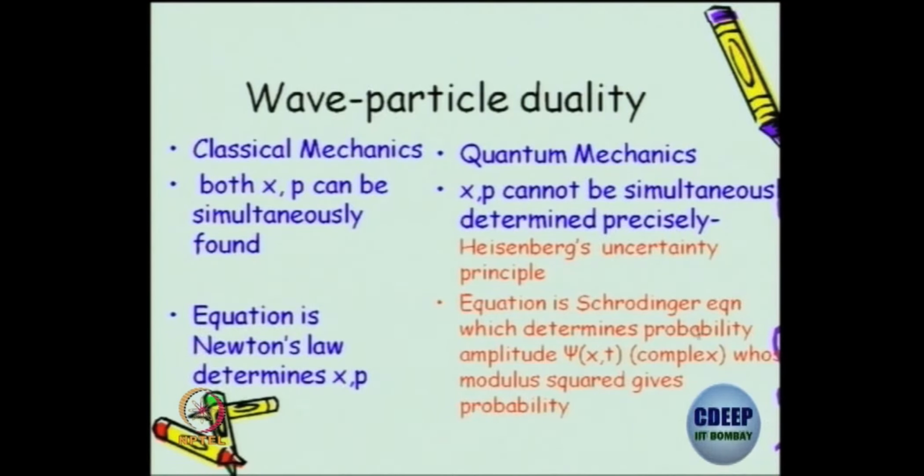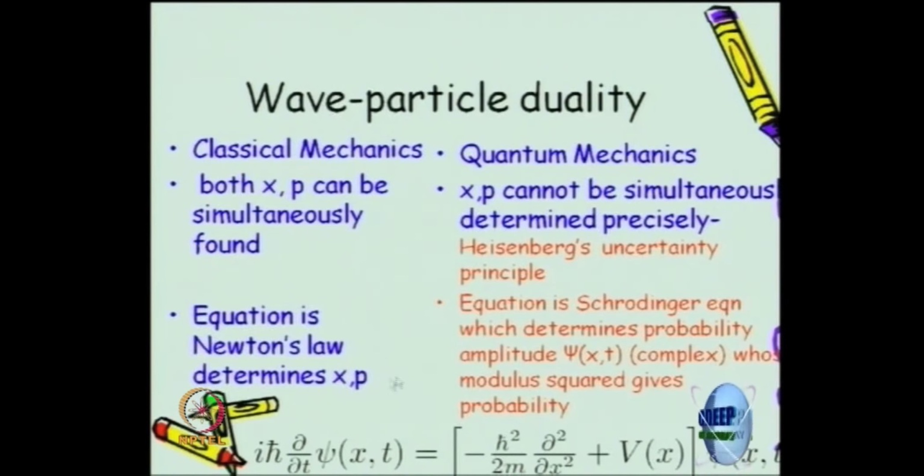In general it can be complex, and its modulus squared will give you the probability. This is something which you have learnt in your first year. So this is the distinction between classical mechanics and quantum mechanics. When you are doing a classical mechanics course, you will be in this regime. Now in a quantum mechanics course, you will be in this setting.